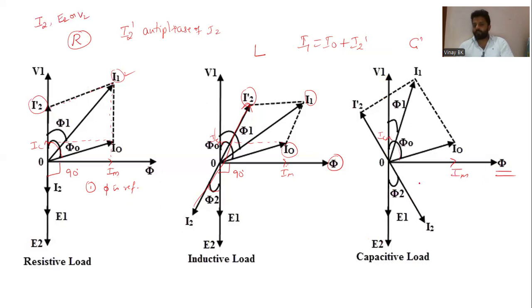Similarly, E1, E2 are in phase with each other and lag phi at an angle of 90 degrees. Now I2 leads E2 at an angle of phi 2. To get I2 dash, antiphase of I2 is I2 dash. Then by adding this I2 dash and I0, you'll get the value of I1. The angle between V1 and I1 is phi 1 for all three cases.